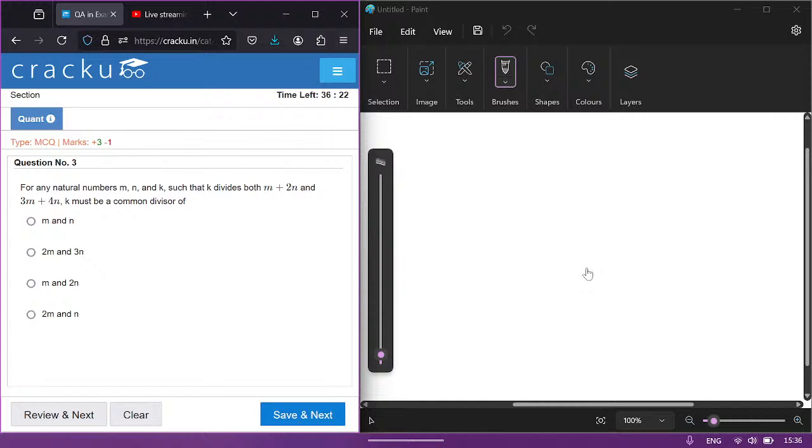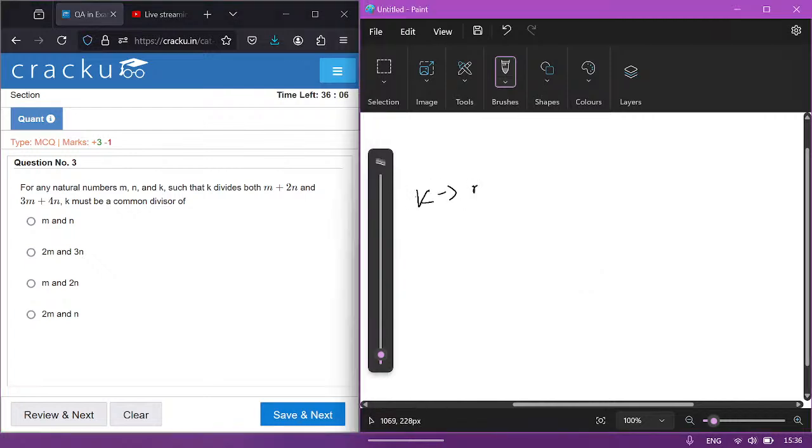For any natural numbers m and n, such that k divides both, so k should be a common divisor of what? So k is dividing m plus 2n and also 3m plus 4n. Can we take something to be m, and can we assume values?